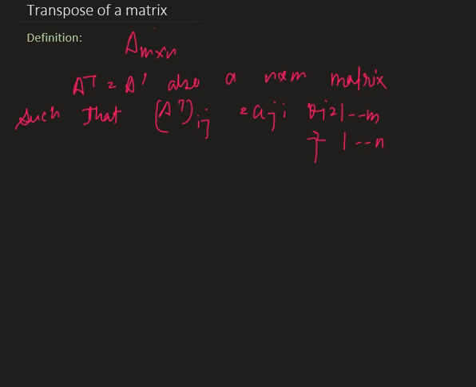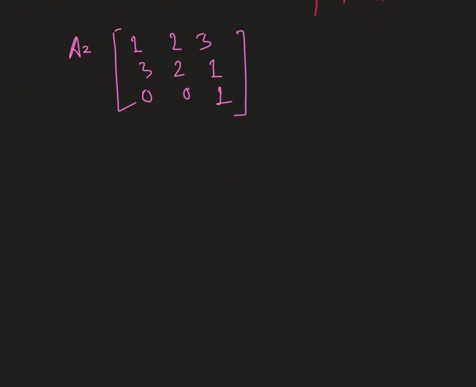is that if we want to get the transpose of a matrix, then we have to change its rows into its columns and its columns into its rows. For example, suppose we have a matrix A, which is a 3 cross 3 matrix: 1 2 3, 3 2 1, and 0 0 1, and we need to find the transpose of this matrix.